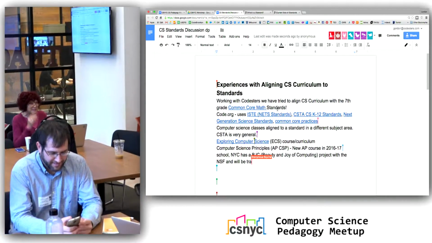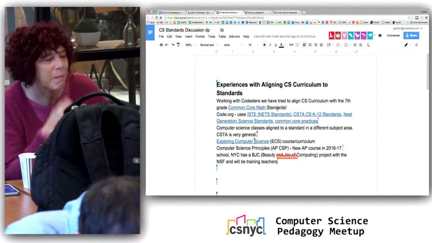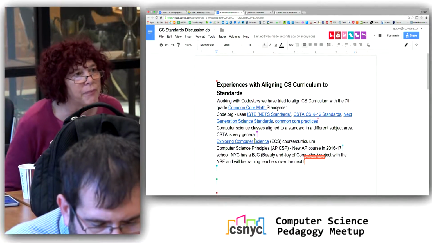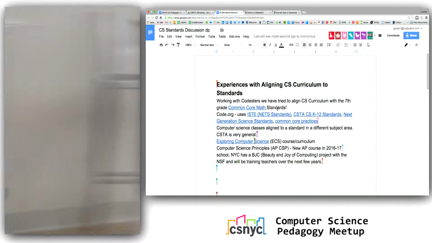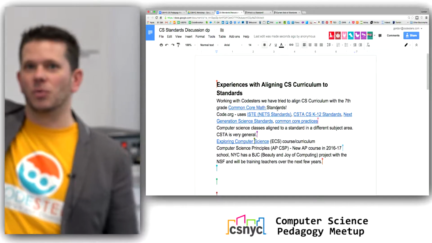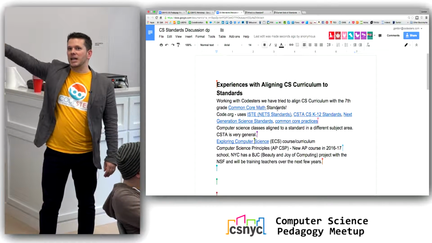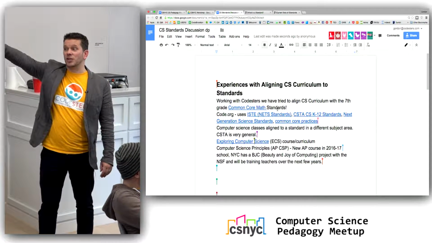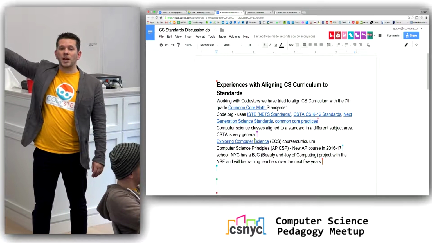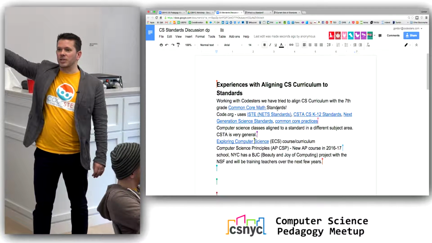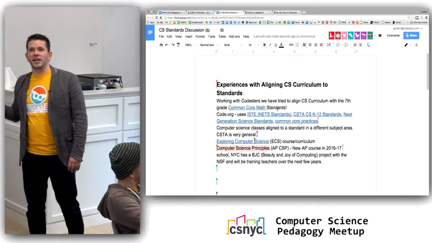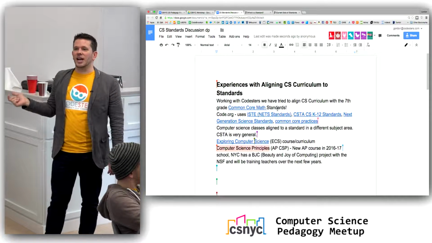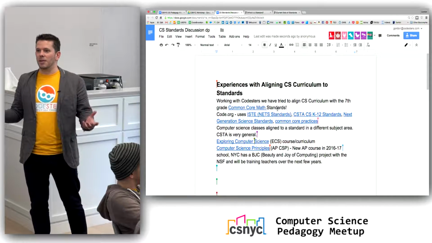So Tracy, we're talking about the experience aligning our curriculum to various standards that are out there in terms of teaching computing. I want to make one broad sweeping statement about all of what we're looking at up here. 90% of this applies to high school, which is why we wanted to really focus here on middle school, because I don't think it's as simple as just saying, take the ECS class and teach it to sixth graders and align those standards.